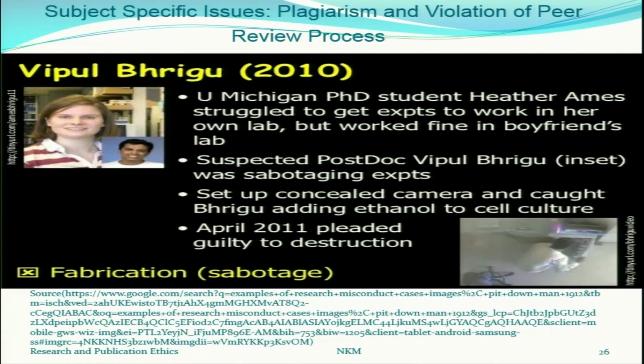Then she set up a concealed camera and caught another scholar adding ethanol to cell culture. In April 2011 he pleaded guilty to destruction. That's a case of sabotaging others' research, and also a case of fabrication, proving these kinds of ethical violations in research practice.